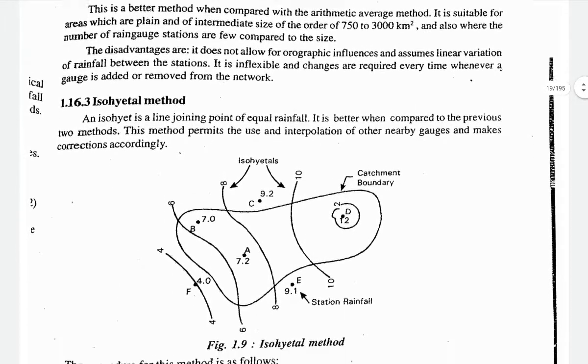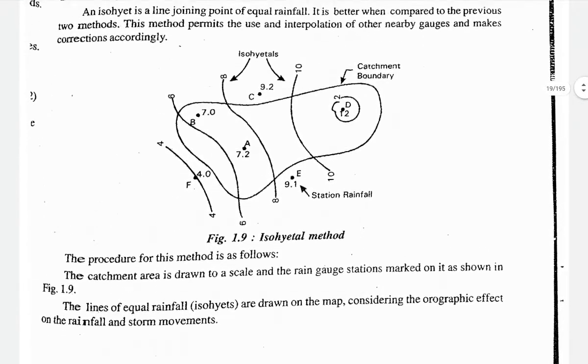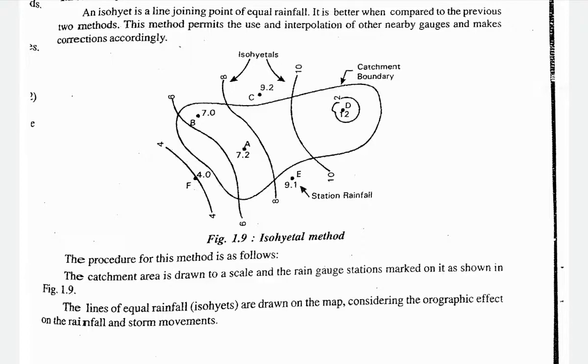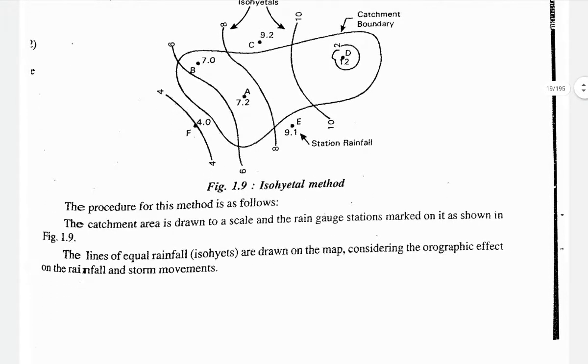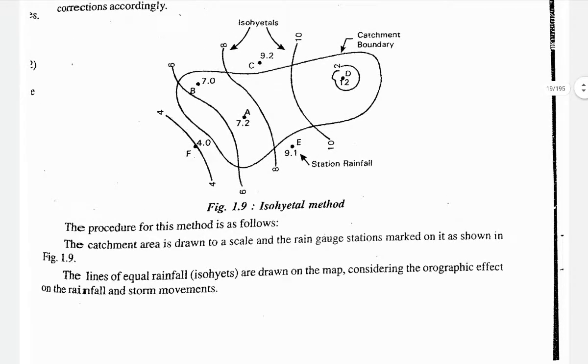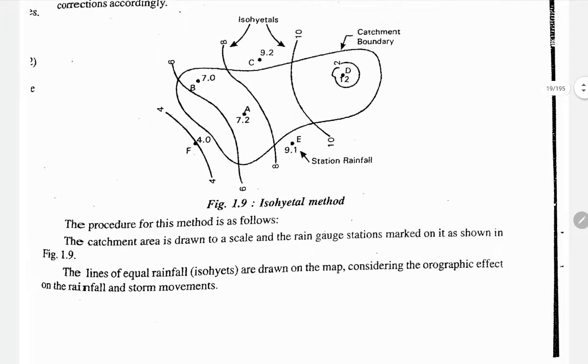Another one is the isohyetal method. Okay, we'll discuss. The isohyetal method mainly divides the area into parts based on the rain gauge stations provided. Here you can see the stations as well as the catchment area divided by these lines, like 4, 4, 6, 6.